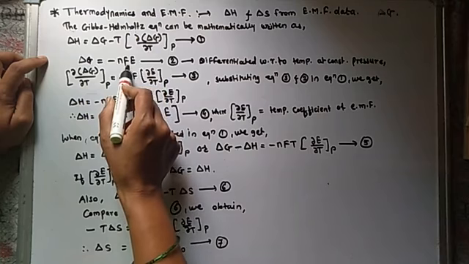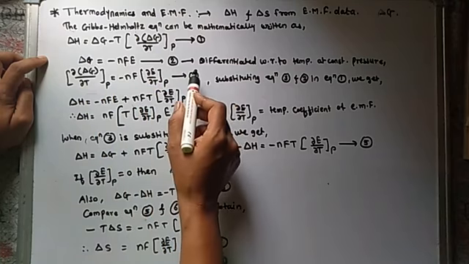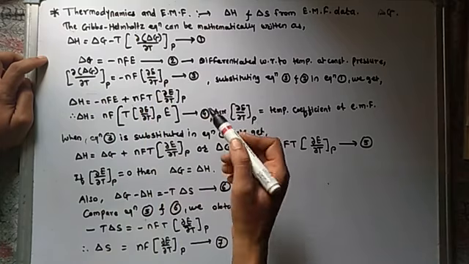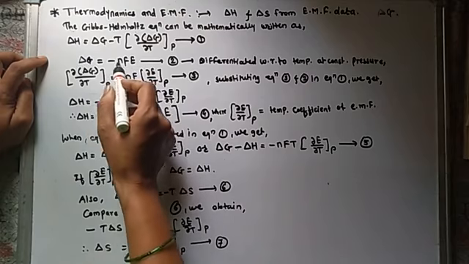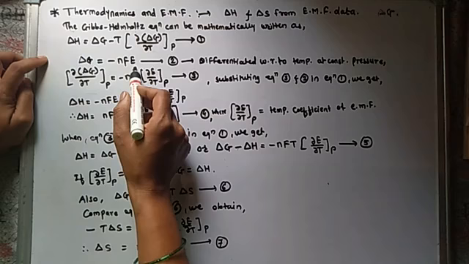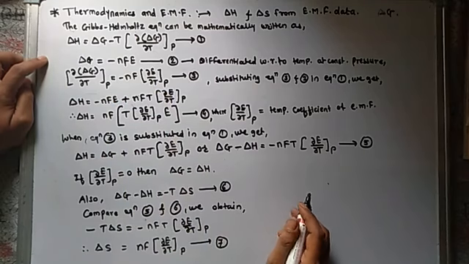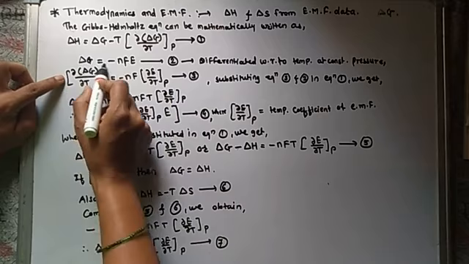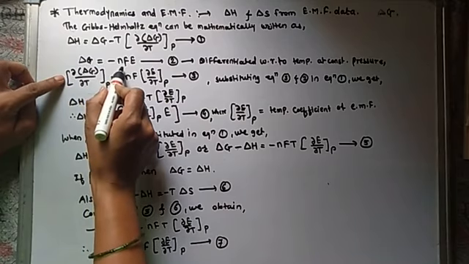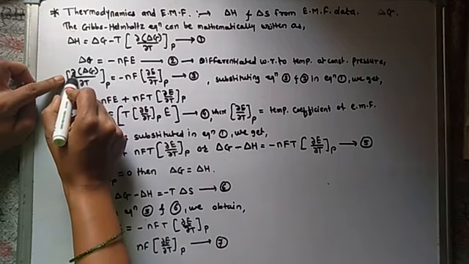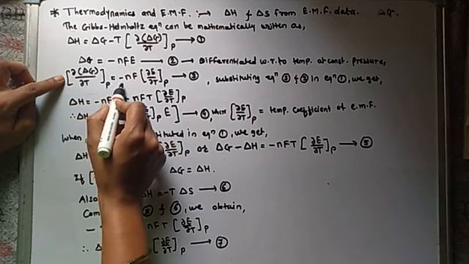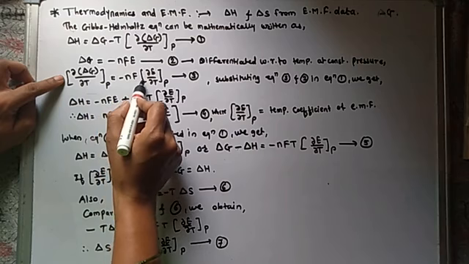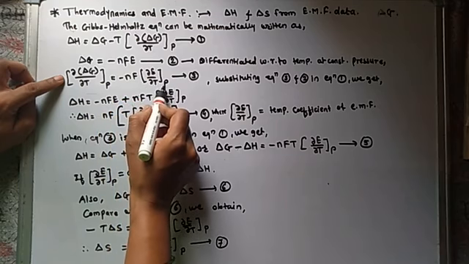If we differentiate this equation with respect to temperature at constant pressure, we obtain delta of delta G upon delta T at constant P, which equals minus NF times delta E upon delta T at constant P.